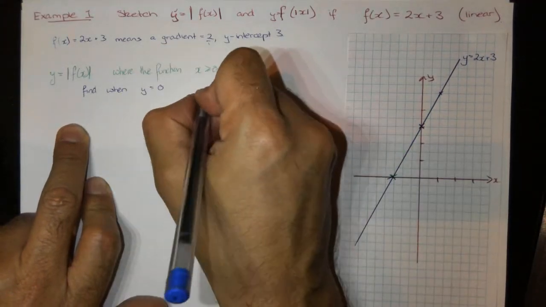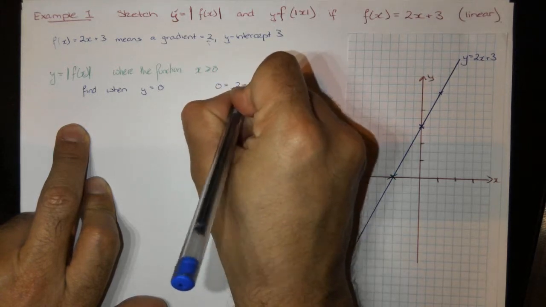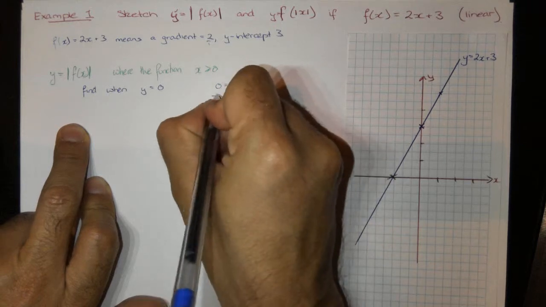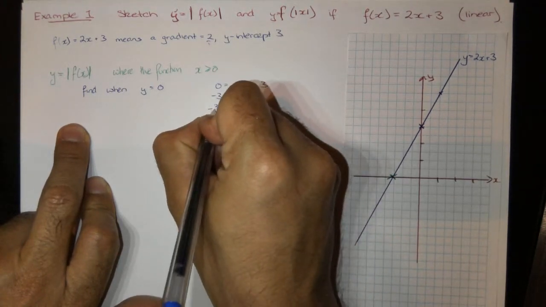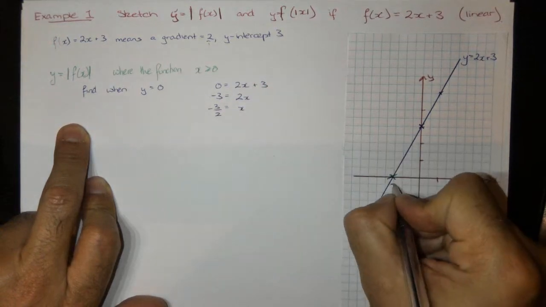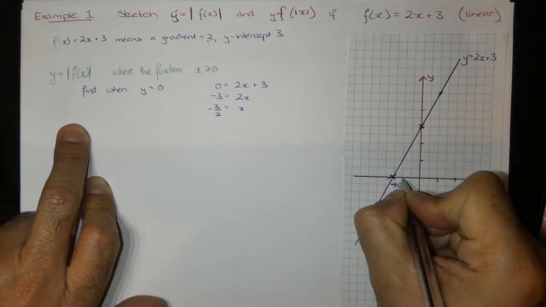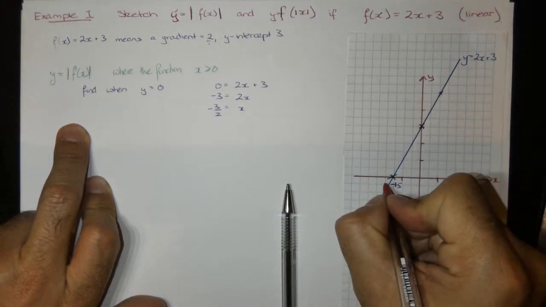So 0 equals 2x plus 3, and solving, it happens at negative 1.5. You can see that because here's negative 1 and here is negative 2.